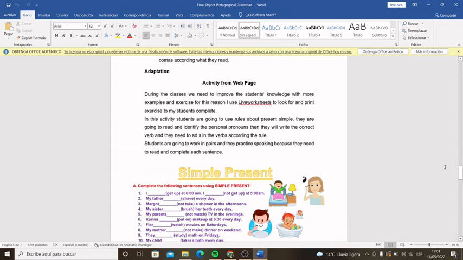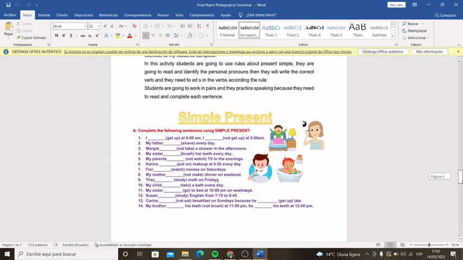In this activity, students are going to use rules about present simple. They are going to read and identify first the personal pronoun, then they will write the correct verb, and they need to add s in the verbs according to the rule.